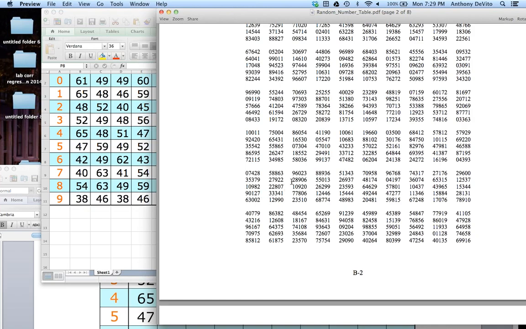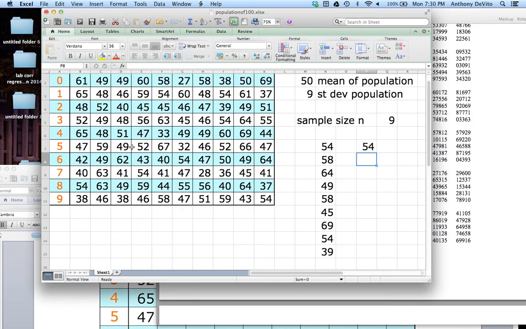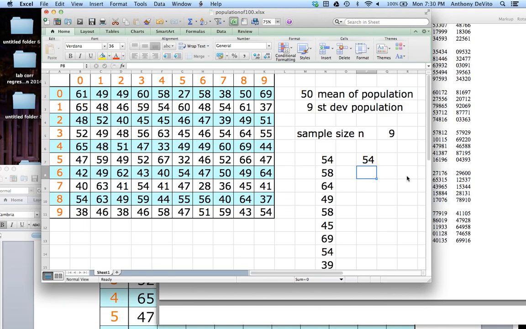Click in anywhere on that random number table and use that to get 9 numbers randomly from this population of 100 and find the average for those 9 numbers, so that you and I will assemble repeated samples of size 9 from this population so we can see how it behaves. Okay, so I'll give you a few minutes to do that. And as you get that done, I want you to type the number into the chat box so I can see what number you got.